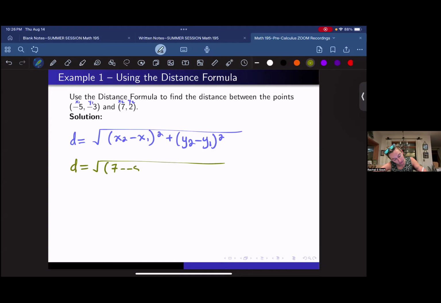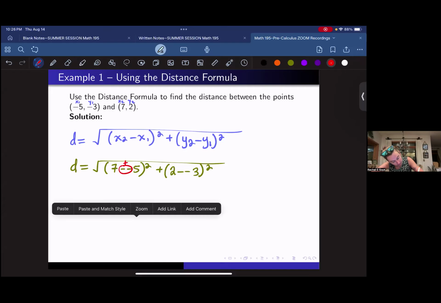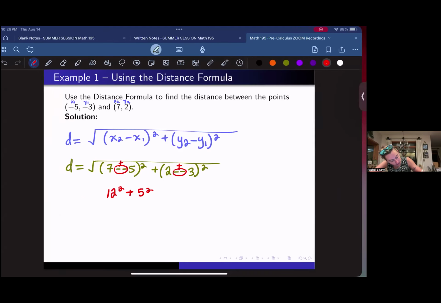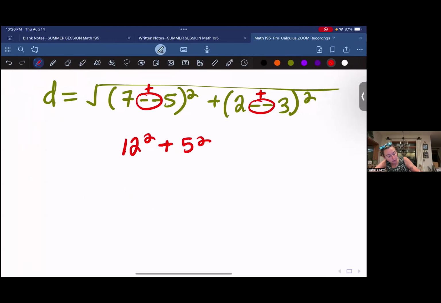7 minus -5 plus 2 minus -3. 2 negatives next to each other give you a positive. 7 plus 5 is 12. 2 plus 3 is 5. 12 squared is 144. 5 squared is 25.